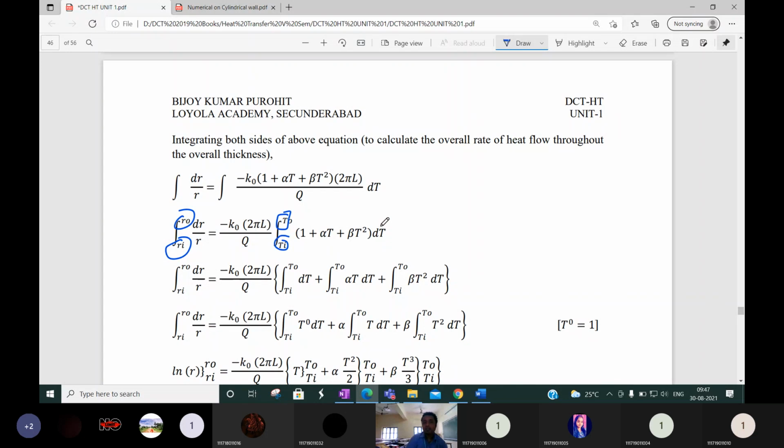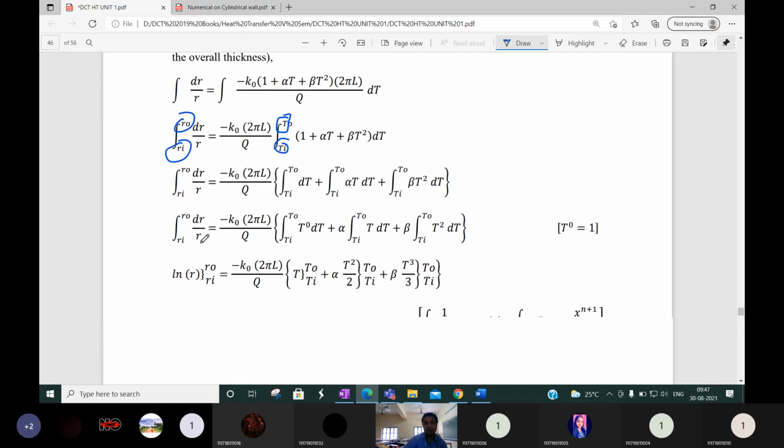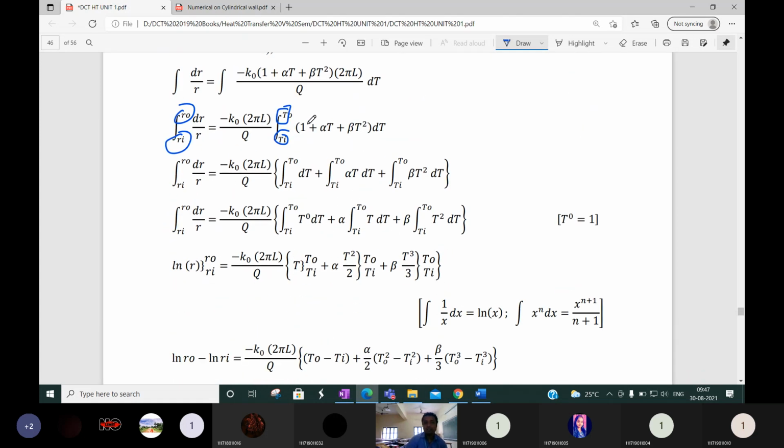Because our variable is dT, only the temperature terms are kept inside and all other terms are kept outside. So it is a simple integration. The 1 plus the other two terms are three functions, so we integrate them individually.